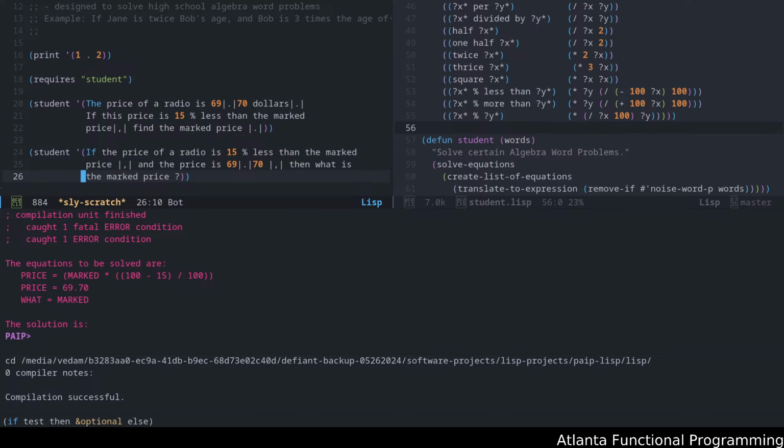And we're getting a little closer to this because we have to reword the problem. What is market price? Or let me take this guy out and let's see what happens.